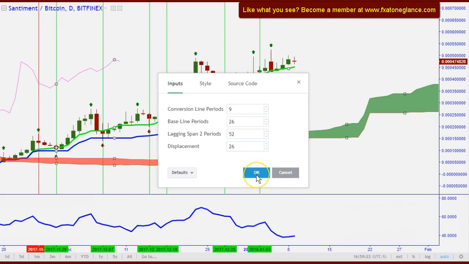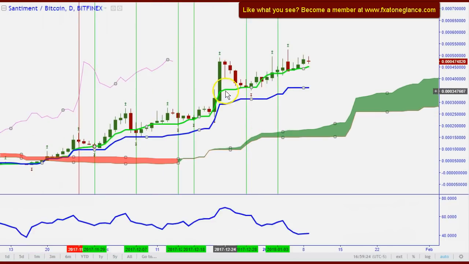So there we go, back to our normal settings, and you can see where the market hits that level again, and it likes to stay above that level. So if you can't catch these trades without hitting that level, then you're missing the opportunities.